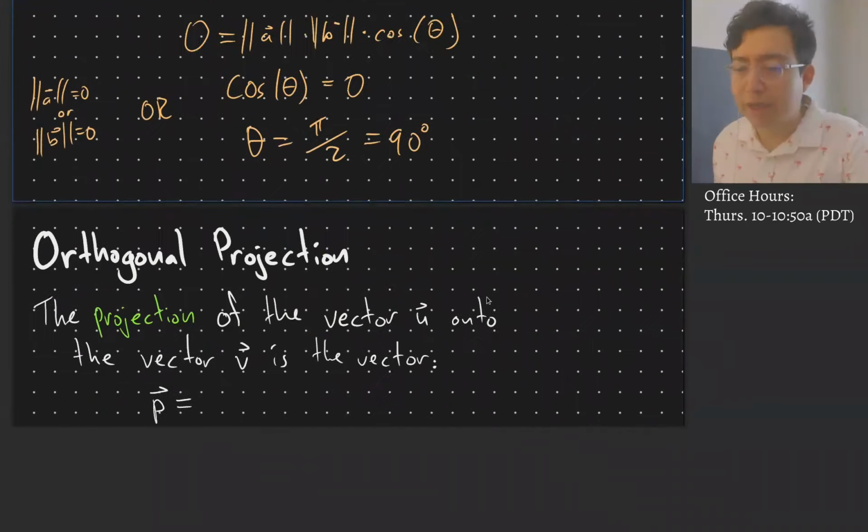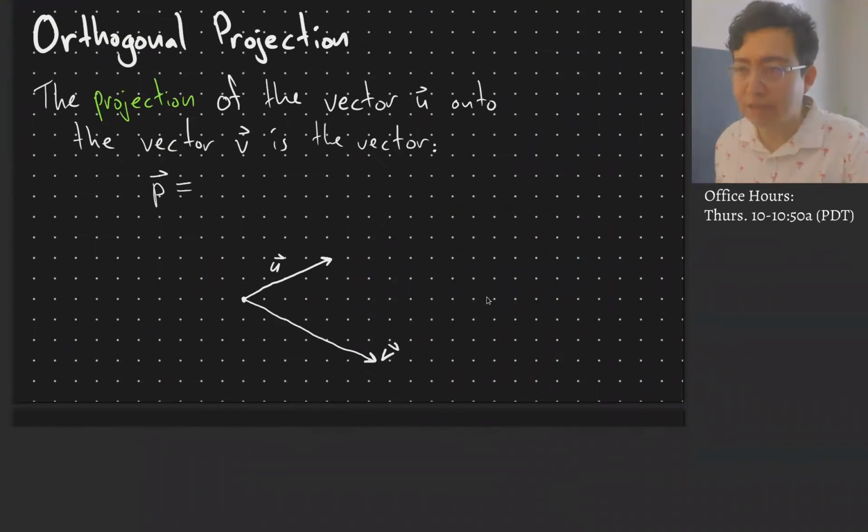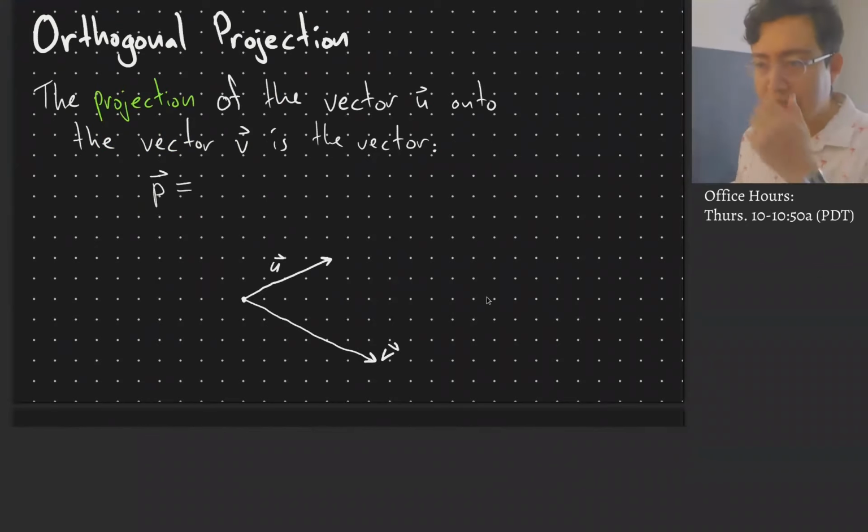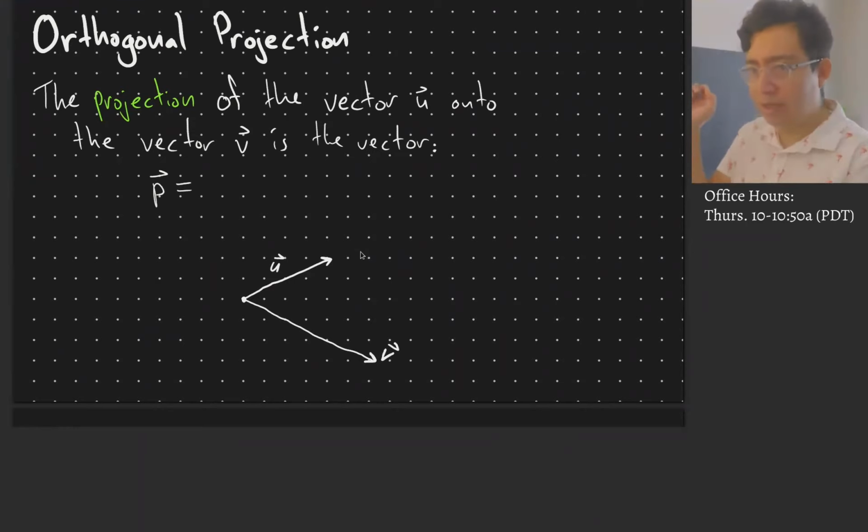So the next thing we're going to talk about, the last thing for this section basically, is the orthogonal projection. Geometrically, I have this picture here. You're projecting U onto V. If you look at the formula in the book, they might use different names for the vectors.